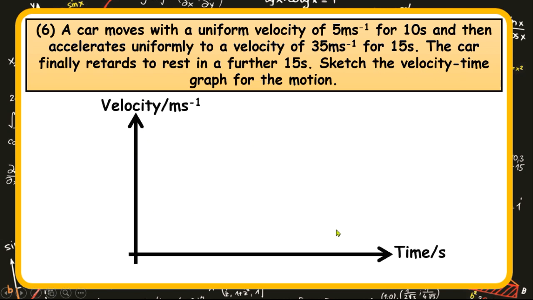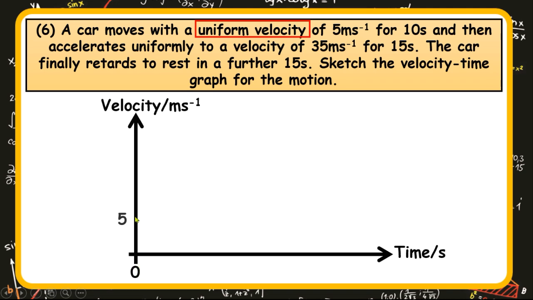Okay, so this is already prepared as taking them one after the other. Initially, this car was traveling on a uniform velocity, which means constant velocity or no acceleration, of 5 meters per second. So the origin is already there, 0, but we're not starting from there.